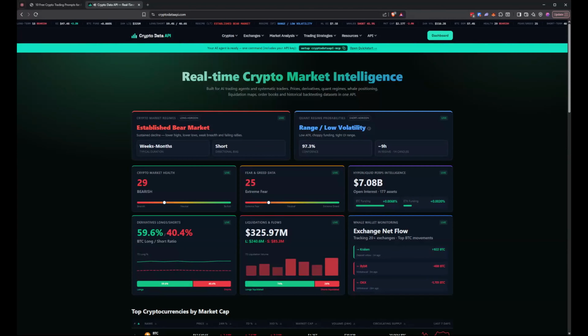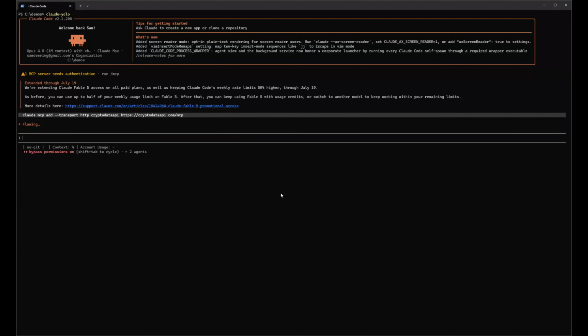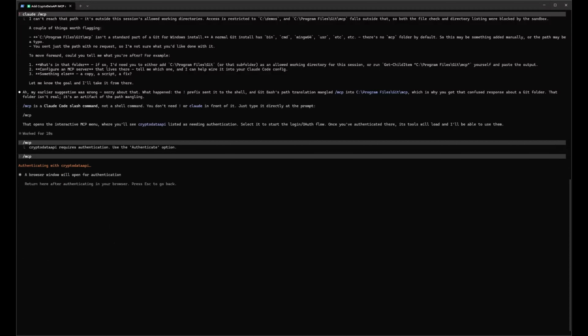The first step is we need to connect our AI terminal to the Crypto Data API MCP. If we head over to the CryptoDataAPI.com website, at the top we click Set Up Crypto Data MCP, then we click that copy button. Then we'll paste this into our terminal. To connect the terminal to the server, we'll type in /MCP, select Crypto Data API, then click Authenticate.